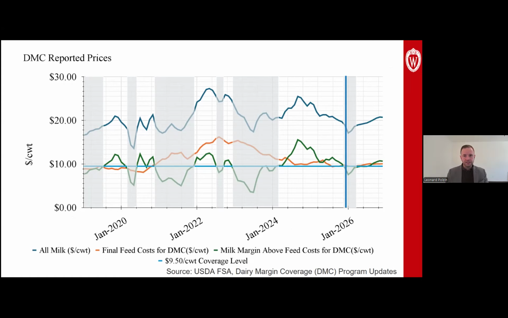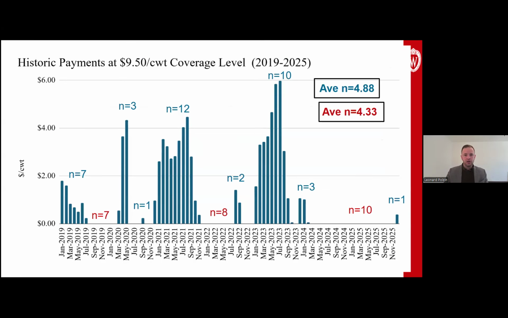So the big thing to take away here is that we have blocks or chunks, right? We have periods of time where there's payments, and some periods of time where there's no payment. As you take a look at recent history here, we went quite some time without any payment. So I think this speaks to the nature of dairy markets, where we'll get, some argue, cyclicals.